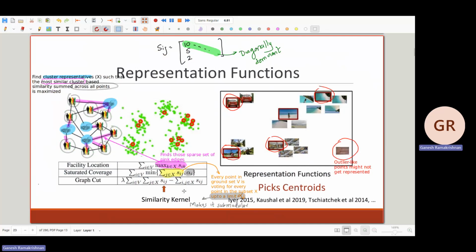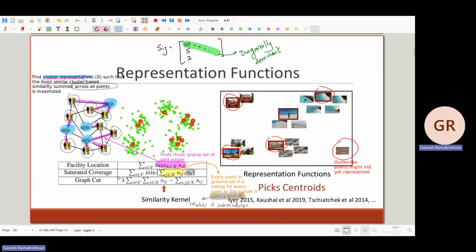The third example is graph cut. Graph cut is kind of a combination of the previous two. What are we doing here? We're saying, what is the similarity between all elements of X and all elements of V? And then from that, you subtract out the self similarity, the similarity of every point i and every point j in X. So the self similarity is removed from the overall cross similarity.